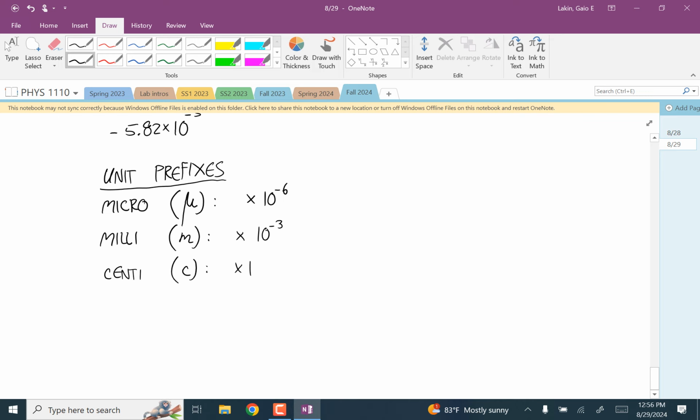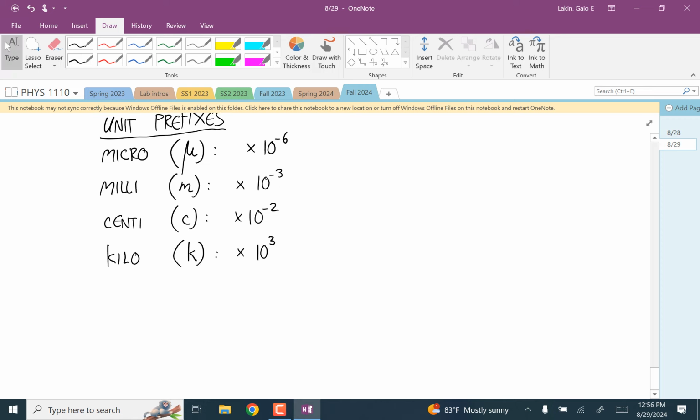And that means times 10 to the minus second. And then next is kilo. That's a lowercase k. And that means times 10 to the positive third. And then the last one that I'm going to give you right now is mega. That's a capital M. And that means times 10 to the positive 6.